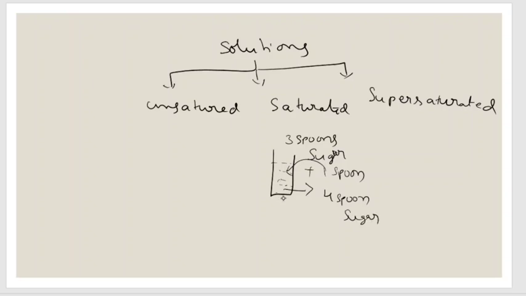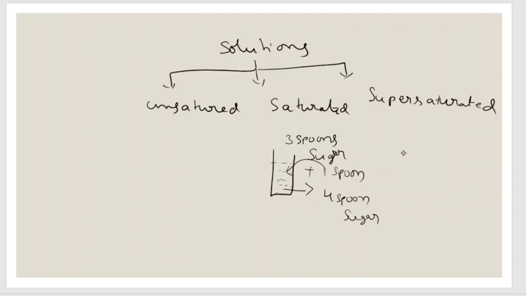Let us suppose that after adding one more spoon of sugar to that solution, it does not dissolve and simply settles down at the bottom. That means the maximum capacity of this glass of water is 4 spoons of sugar. When we add a fifth one, it just settles down at the bottom of the glass.